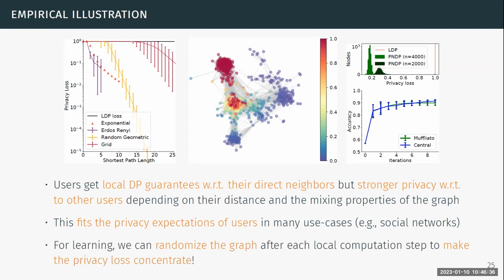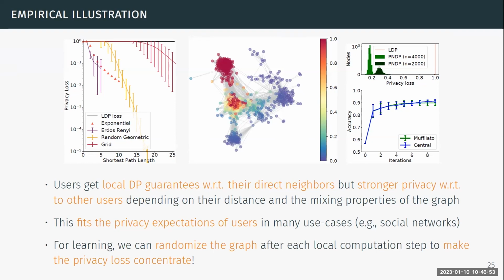Okay, and finally, something important for machine learning, which again connects to this time-varying graph. This can be seen as a limitation, the fact that we only have local DP guarantees with respect to direct neighbors. But you can overcome this by changing the graph at each iteration.